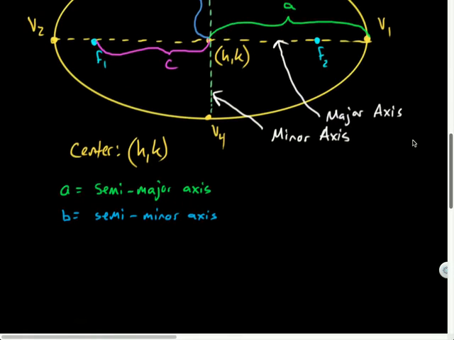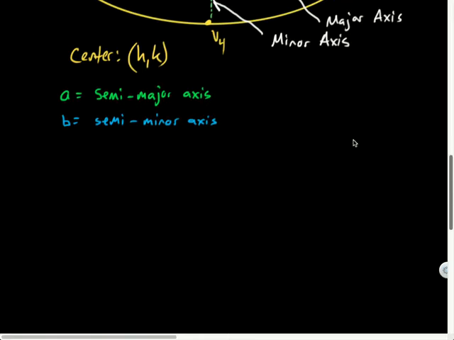So the equation for a horizontal ellipse, a horizontally oriented ellipse. So this is a standard form of the equation of the ellipse.